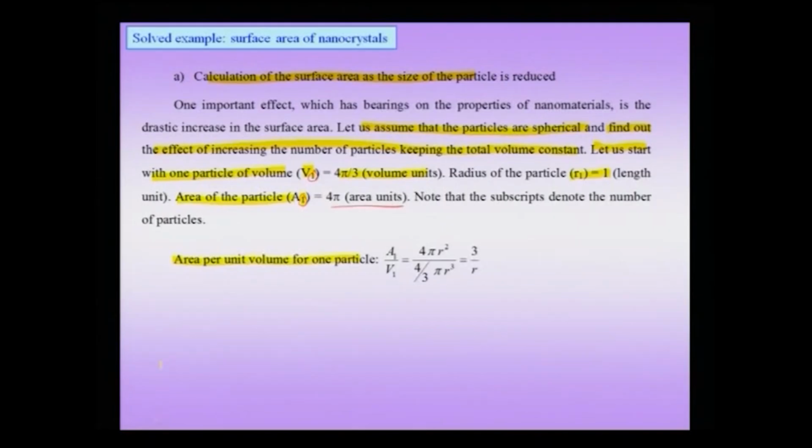The area per unit volume, if I calculate, is A1 by V1, and since I have only one particle at this stage, it is 4 pi r square by 4 by 3 pi r cube, which is 3 by r. That means, if I keep reducing my r, then area per unit volume will increase.